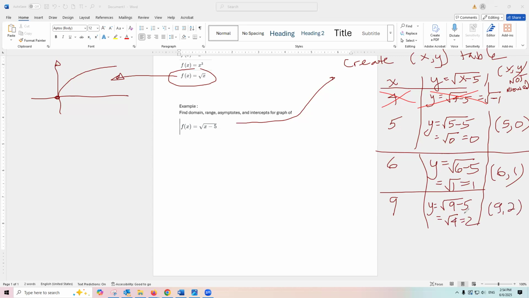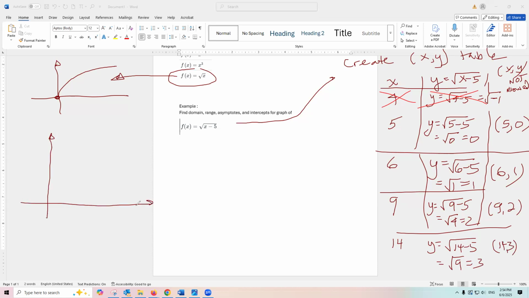I'm going to do one more. How about if I do 14, I think. 14, yep. So Y is the square root of 14 minus 5. That's the square root of 9. That's 3. So 14 comma 3. All right, that's enough. I'm going to go plot these.